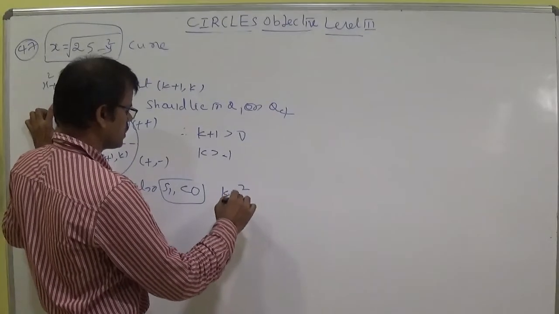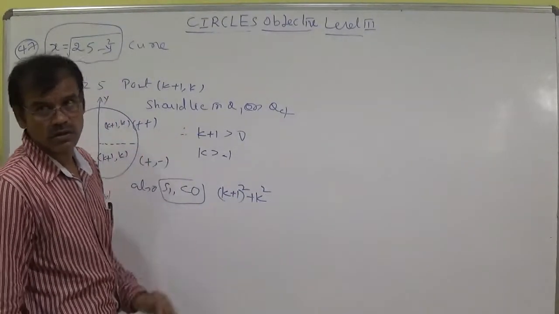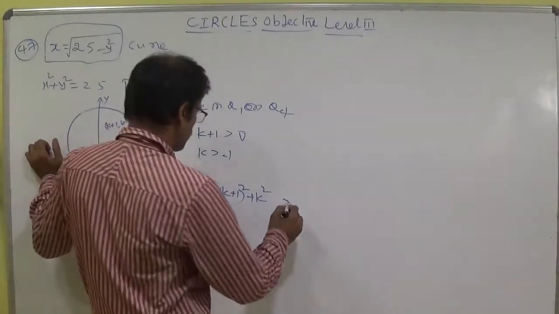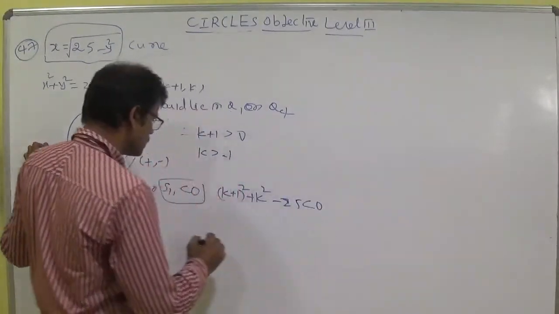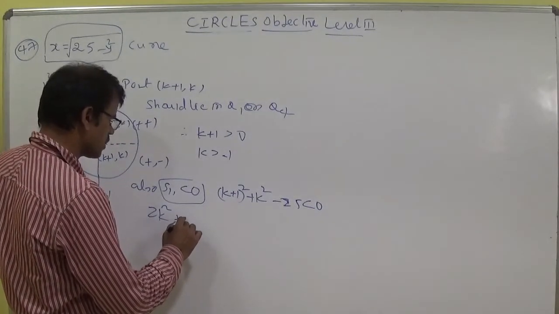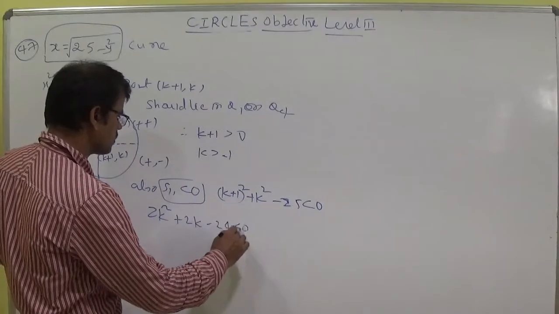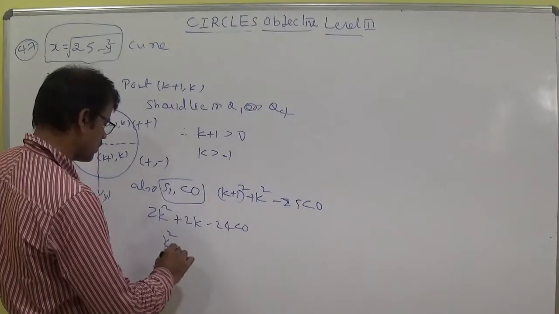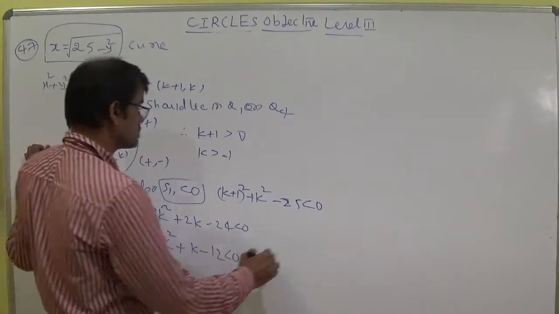Now you can write k plus 1 whole square plus k square minus 25 less than 0. So 2k square plus 2k minus 24 less than 0. Dividing by 2, k square plus k minus 12 less than 0.